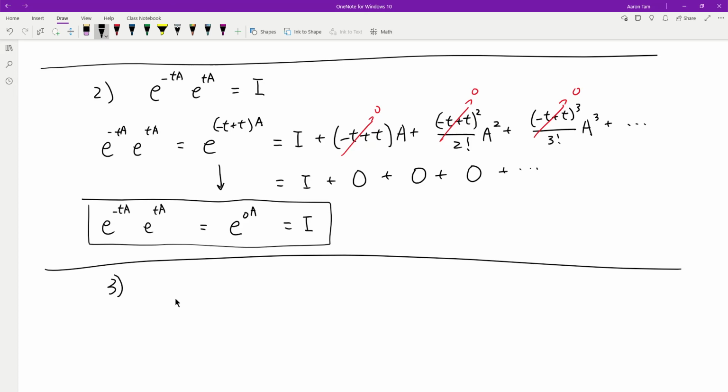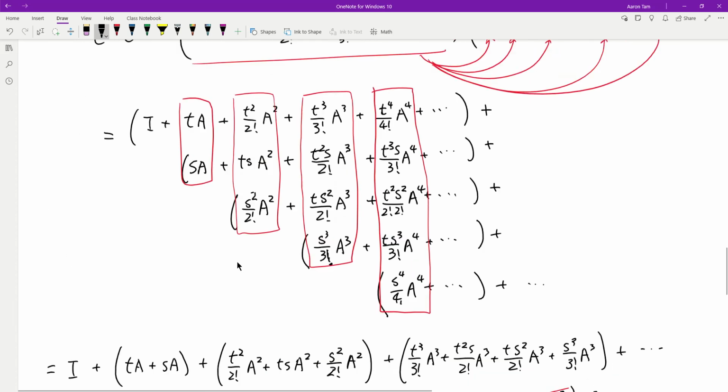Okay, so once again, we're going to say that e to tA is equal to I plus tA plus t squared over 2 factorial A squared plus t to the third over, there you go again, 3 factorial A to the third plus dot dot dot.